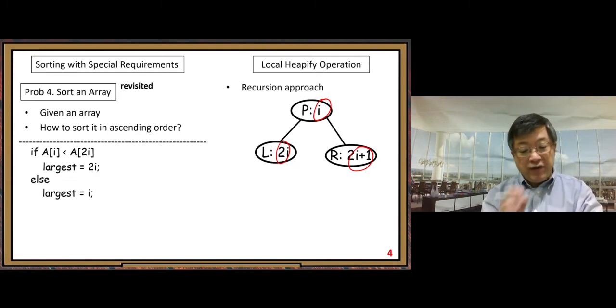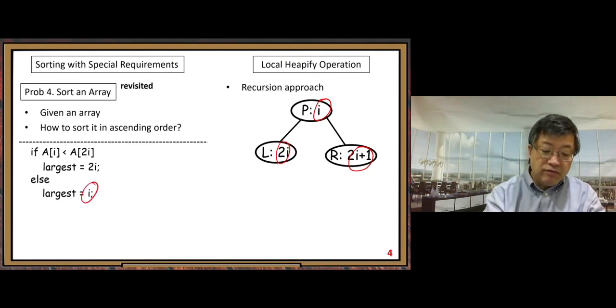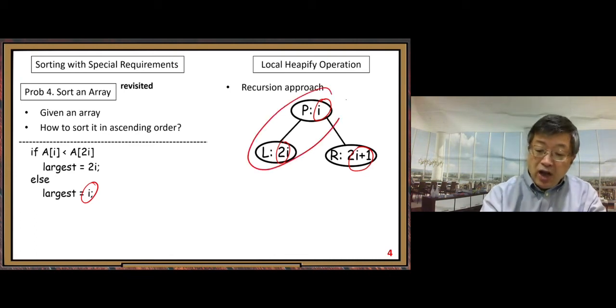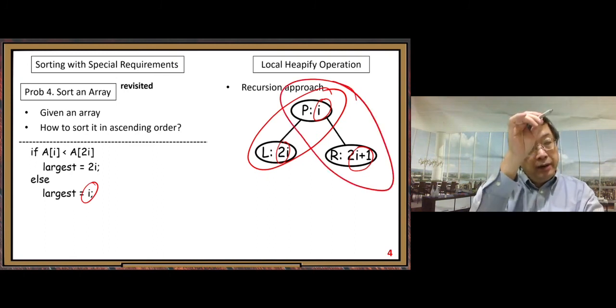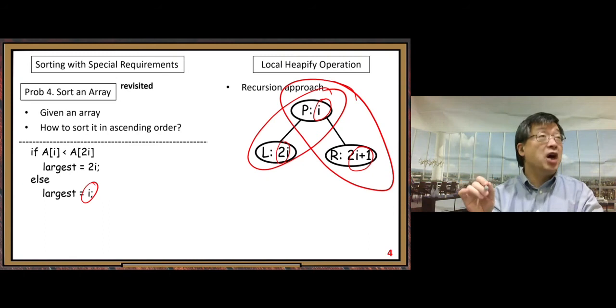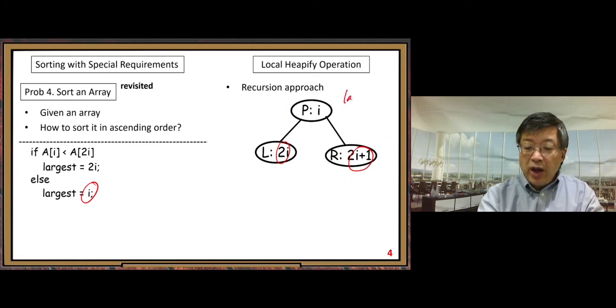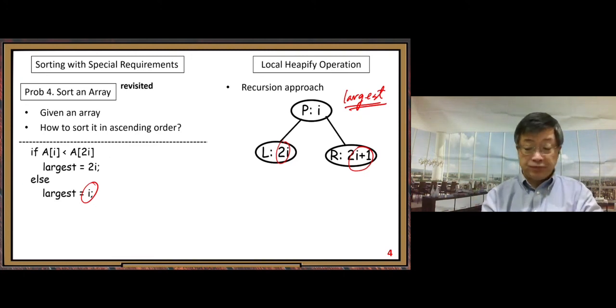Else, if A of I is greater than or equal to A of 2I, we just store the index I in the largest variable. So we check the parent and left child relationship, but we also need to check parent and right child. This time the largest variable stores some index number, could be I, could be 2I, we don't know.